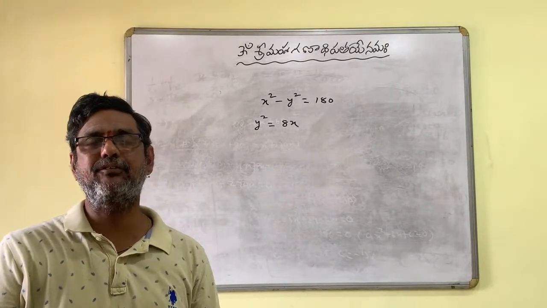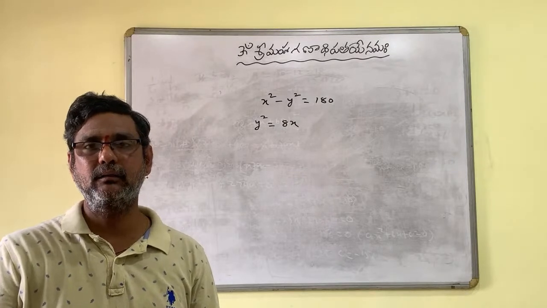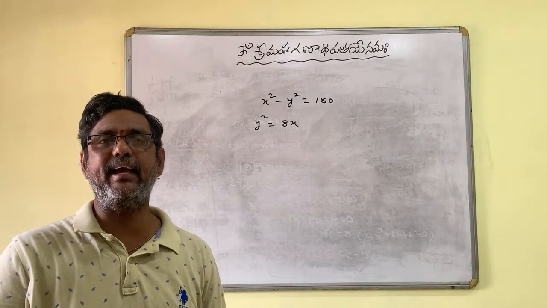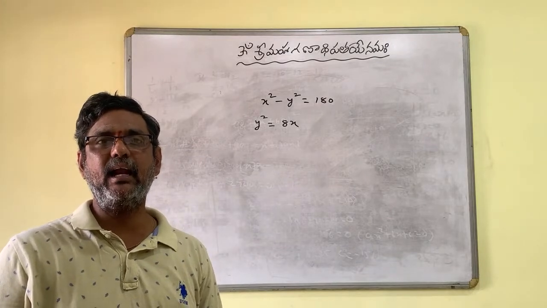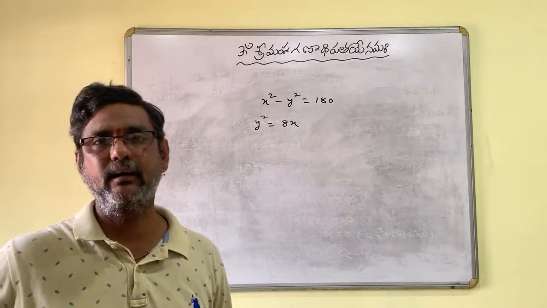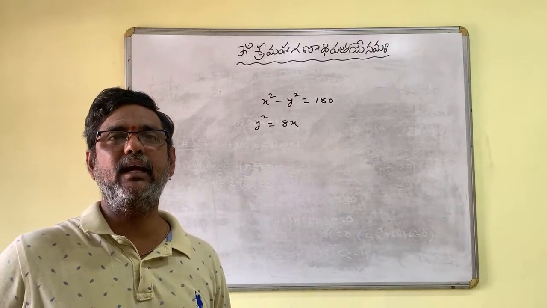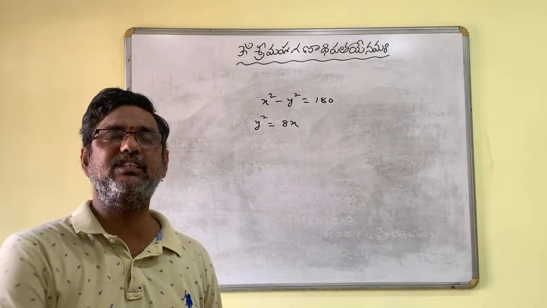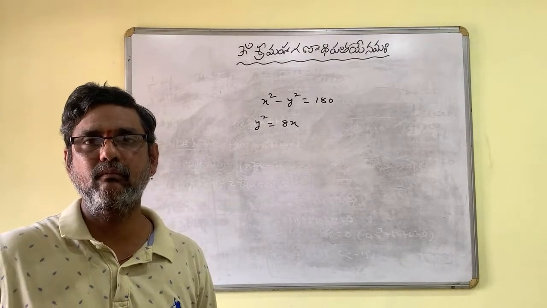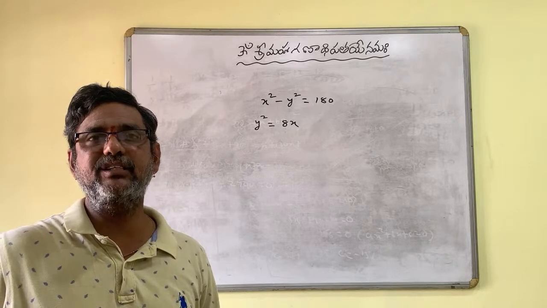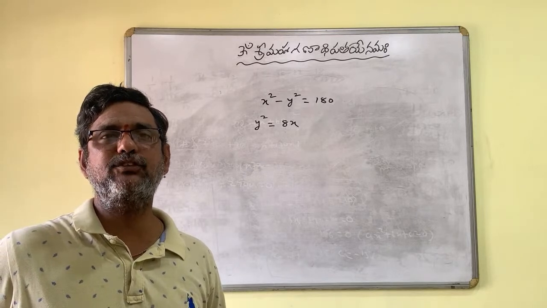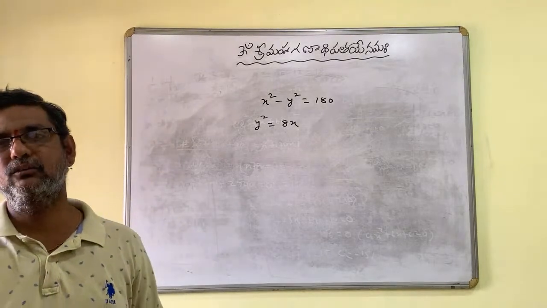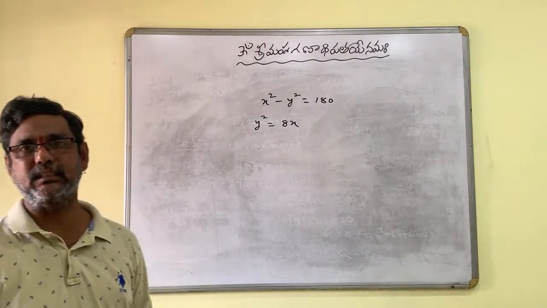Since x square minus y square is 180, we can clearly understand that y is the smaller number and x is the greater number. So the second condition is given as the square of the smaller number is equal to 8 times the larger number. So that means y square is equal to 8x.